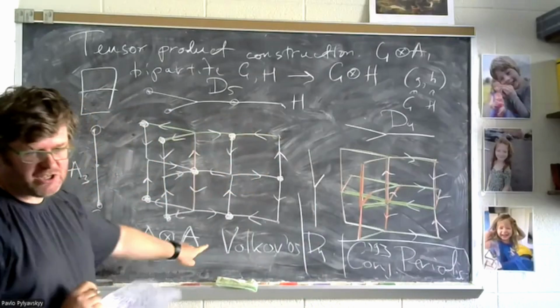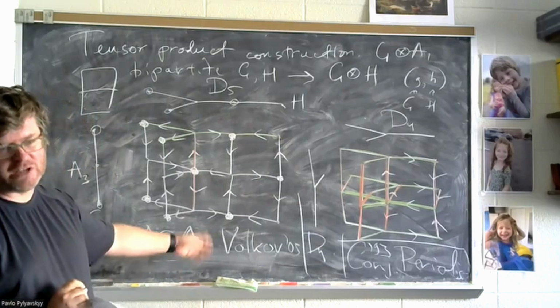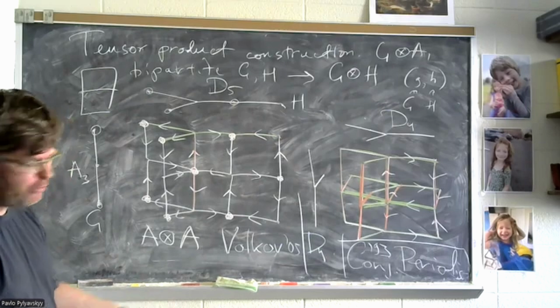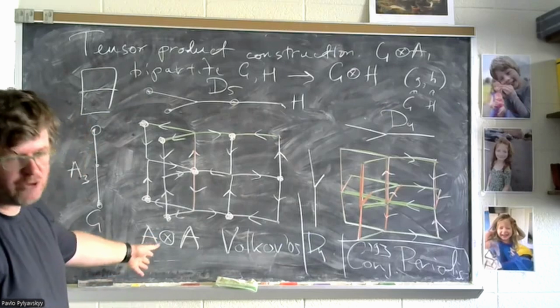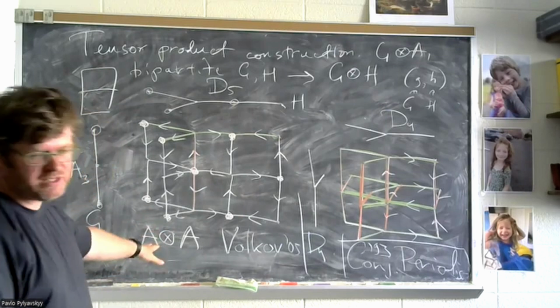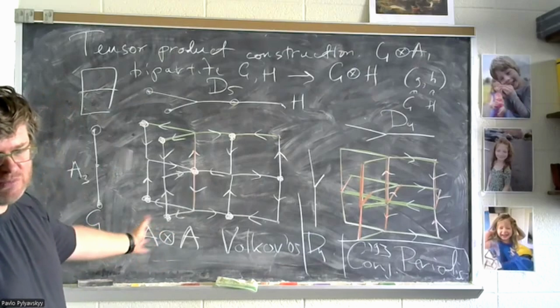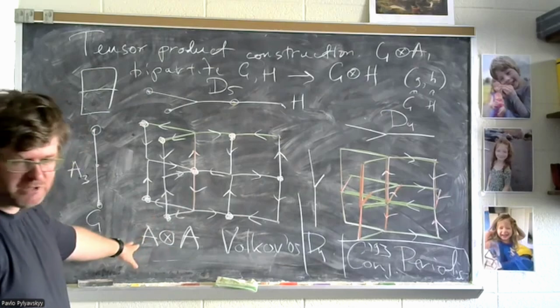And I will show you this argument next time, a modern formulation of his argument. It's a very pretty argument, but it only works in this case. You cannot do A times D or D times E; it only works for A times A.